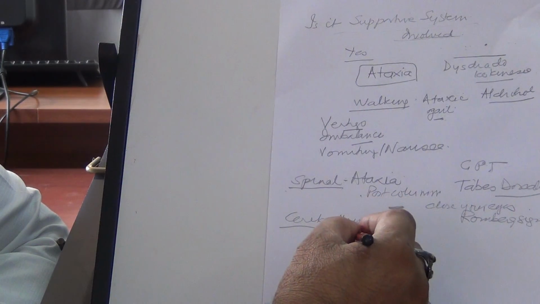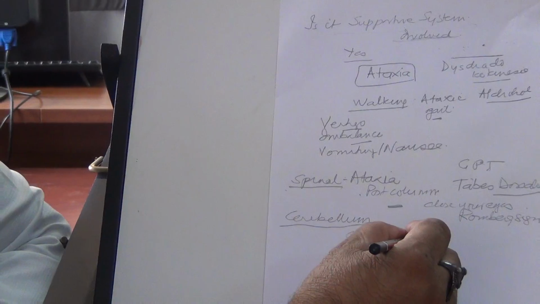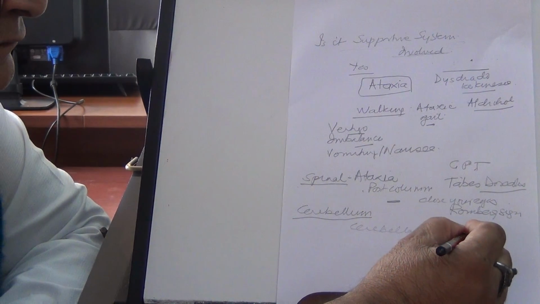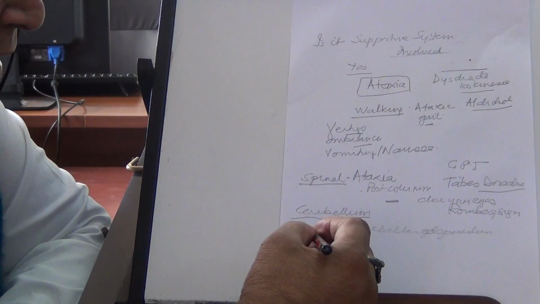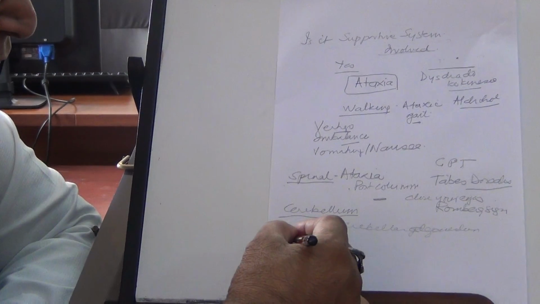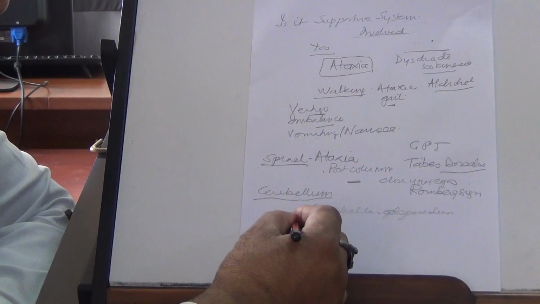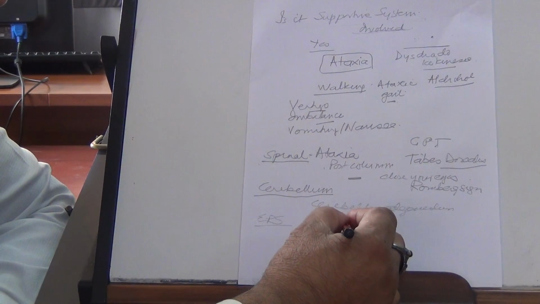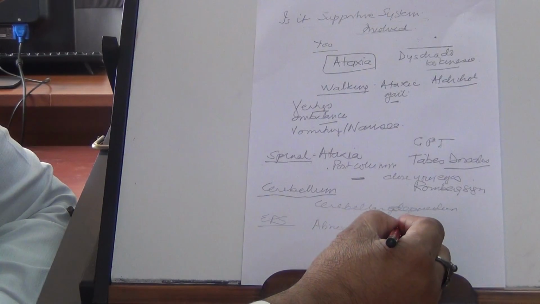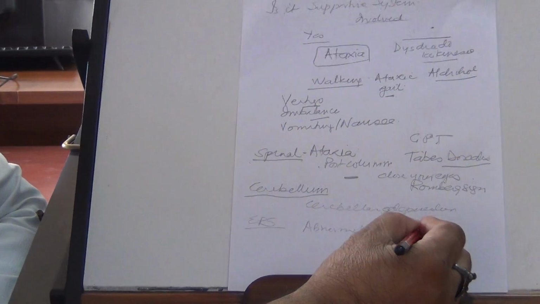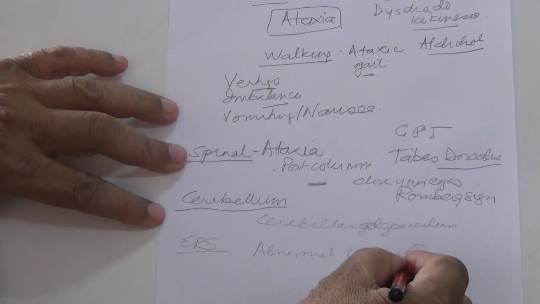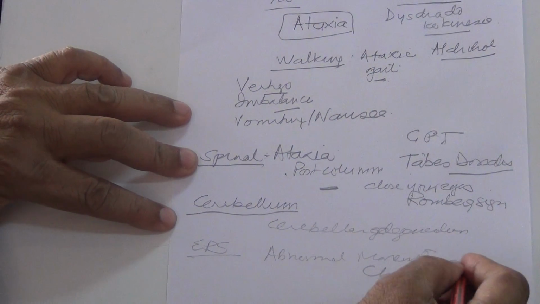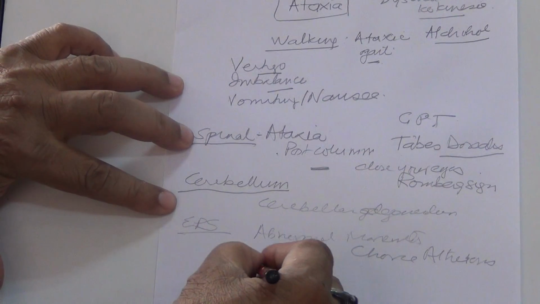Cerebellum is usually involved in cerebellar degeneration. And finally, you have the involvement of the extrapyramidal system, where there are usually abnormal movements, as in chorea and athetosis, or there is Parkinsonism.